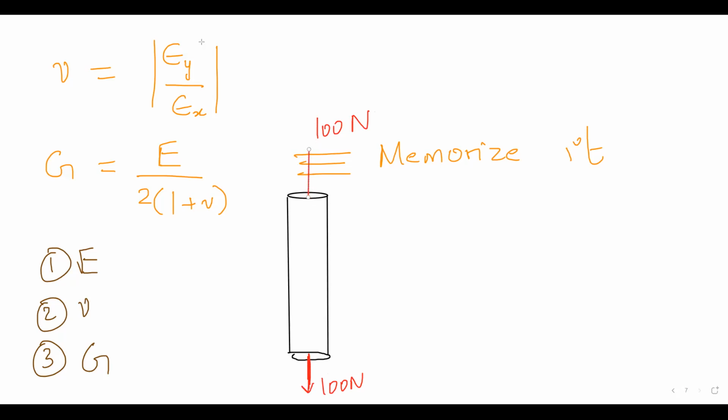100 Newton. And I have marked two points here, one point here and one point here. The distance between the points that I have marked in the lab is 300 millimeter. The diameter of this specimen is 50 millimeter. I hope I am not making a mistake in the dimensions. I think I'm right. Anyways, 50. Probably I will change them, but right now it seems correct.